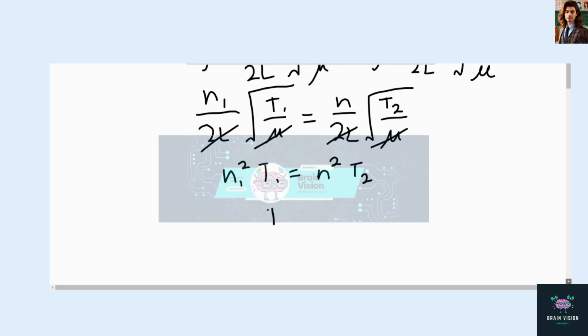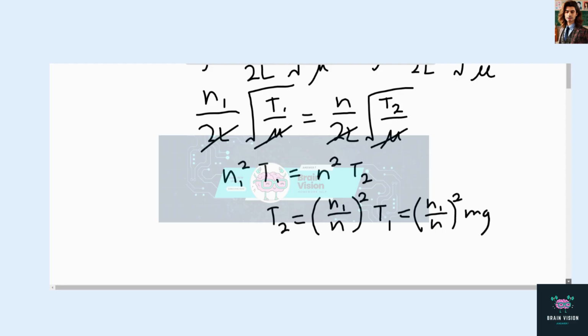Solving that for T2, we get T2 is equal to n1 over n, squared, times T1. And we know that T1 is just equal to mg, so T2 is equal to n1 over n, squared, times mg.